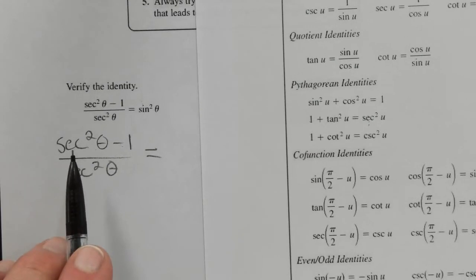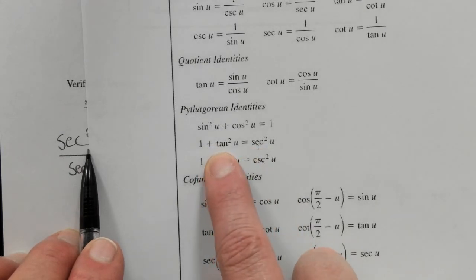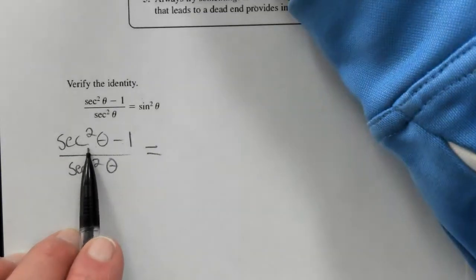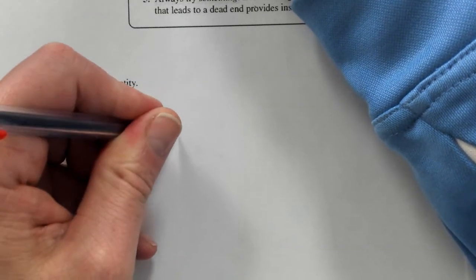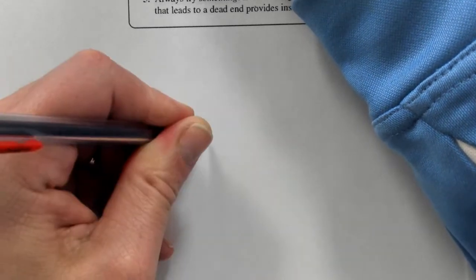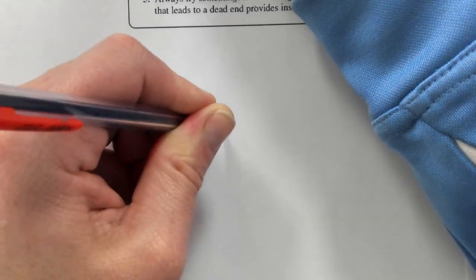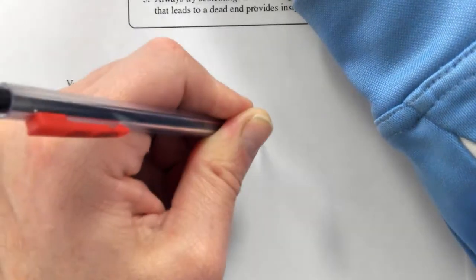So I'm going to take secant squared, and I'm going to turn it into 1 plus tangent squared. Okay, so I'm going to take out secant squared, I'm going to turn it into tangent squared plus 1. All right, and what's behind that? Minus 1.